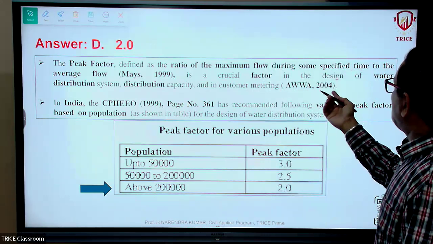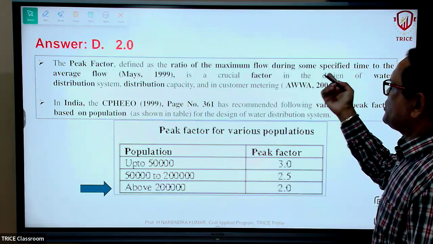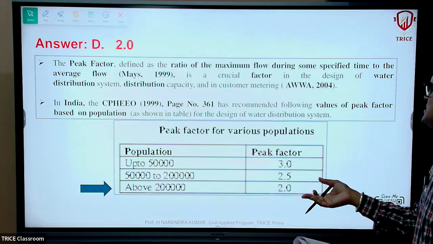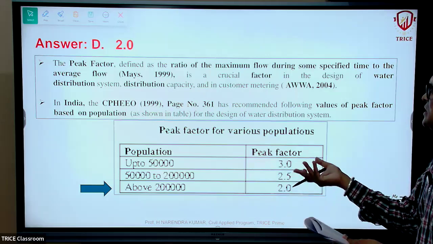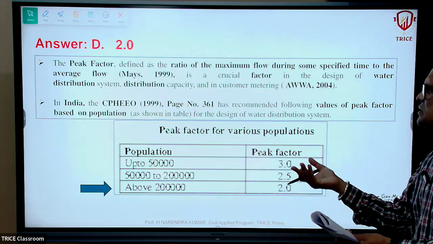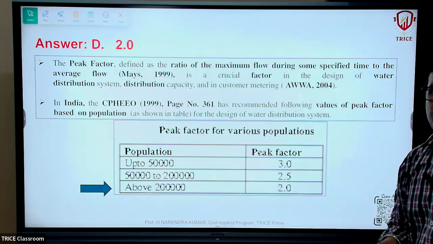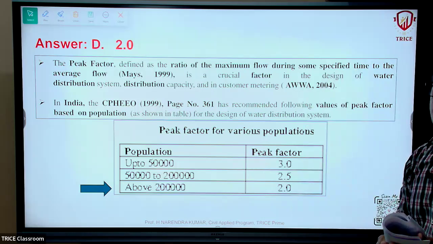It is the ratio of the maximum flow during some specified time to the average flow. Specified time: is it on a day basis, weekly basis, monthly basis or yearly basis? There is a separate formula for that, and you can calculate that also.